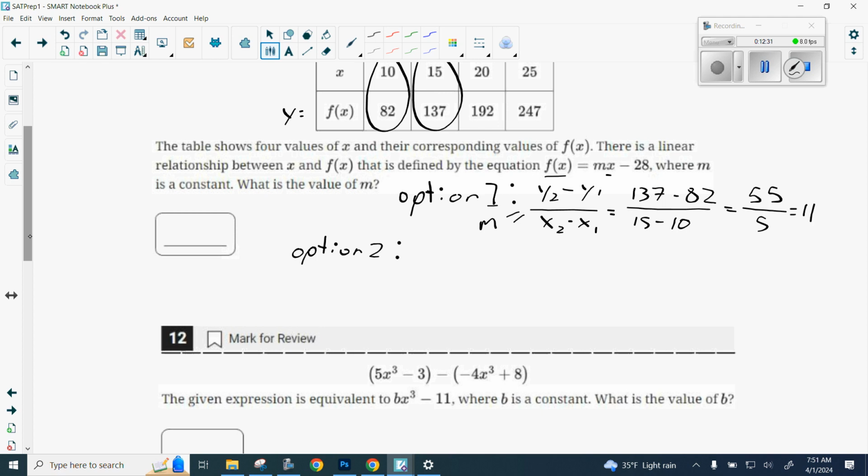So I have the equation given of f of x equals mx minus 28. So f of x in this case, we're going to use the 82, 10 one. 82 equals m times 10 minus 28. So I'll add 28 to both sides and get 110.